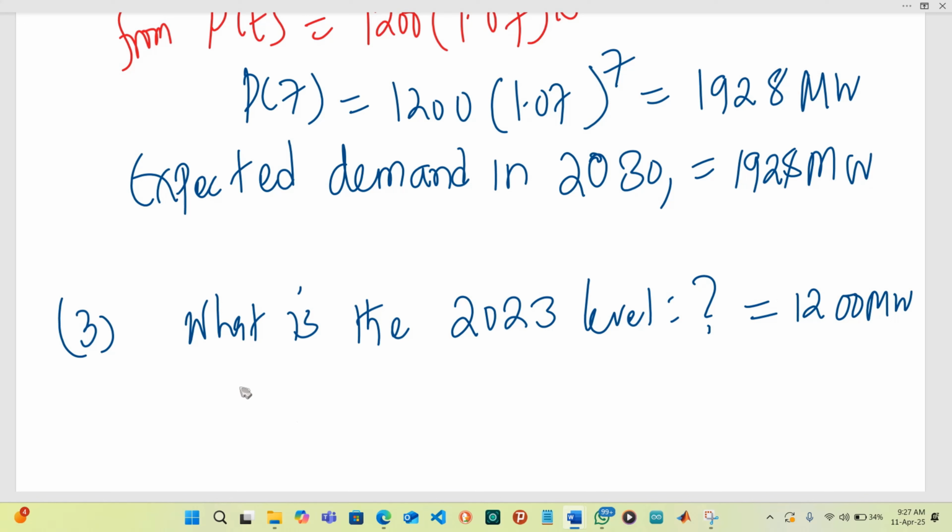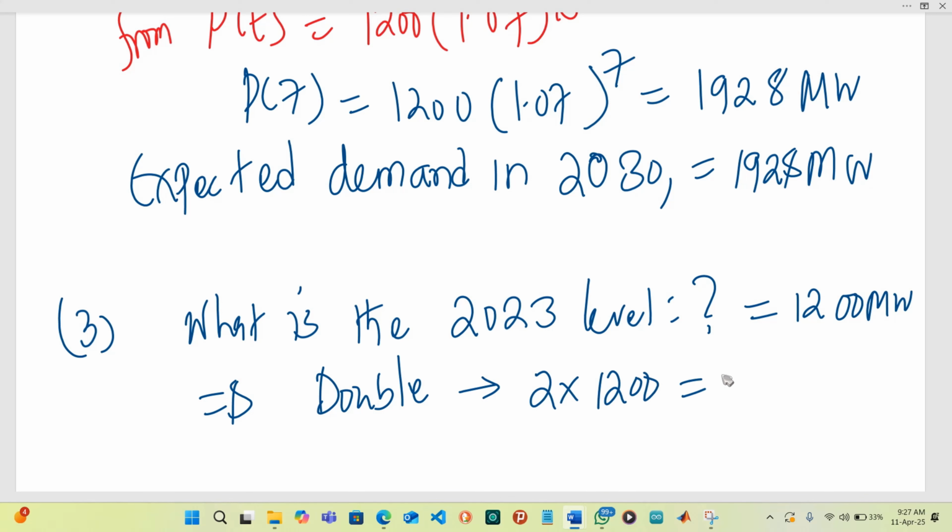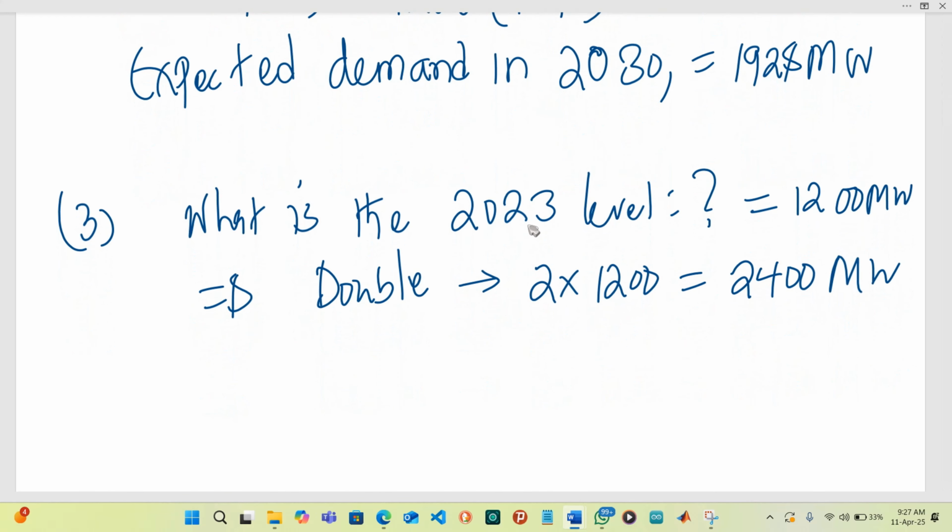So if it doubles, that means 2 times 1,200, this will give us 2,400 megawatts. So we want to determine the time when the demand will be 2,400 megawatts.